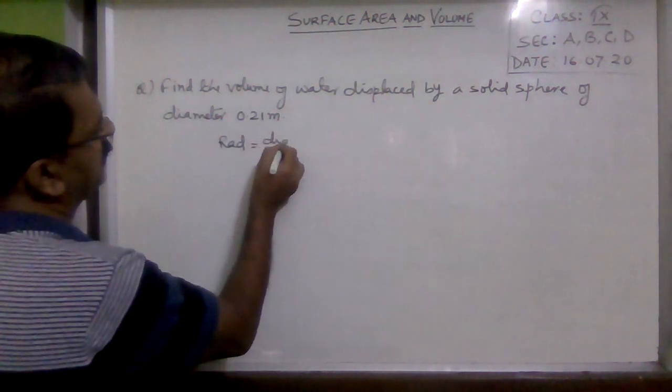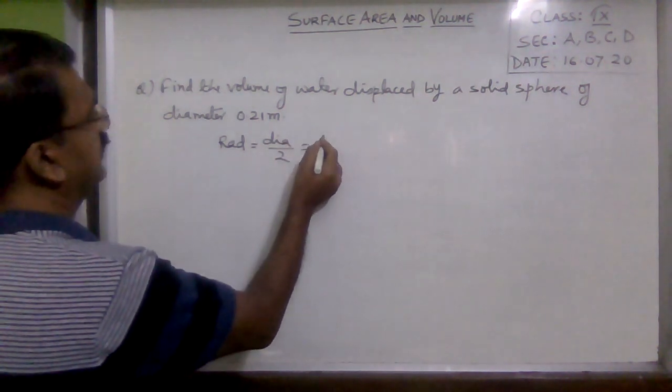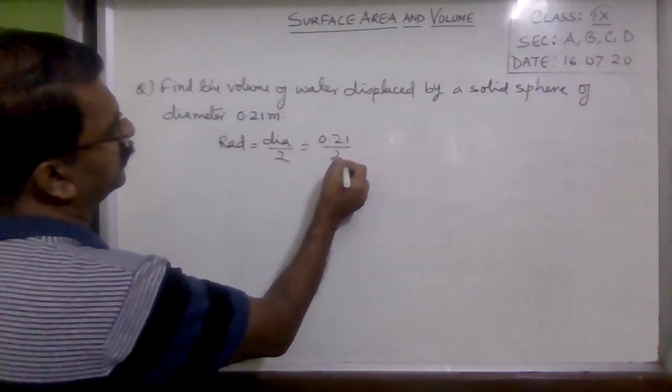Radius is equal to diameter upon 2, that is 0.21 upon 2 meter.